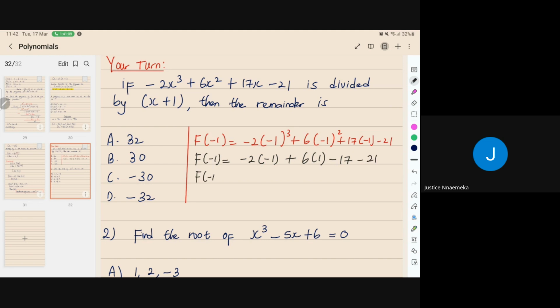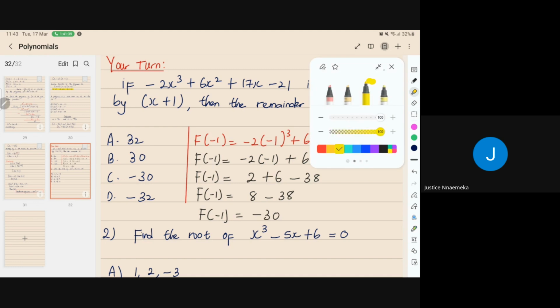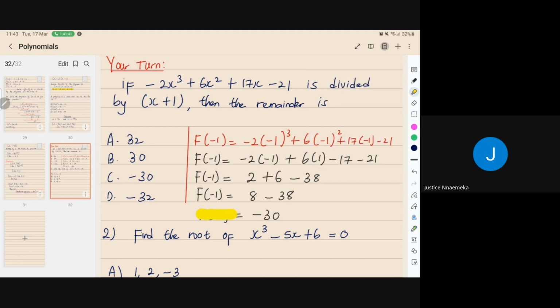So minus times minus is plus, this will give us 2 here, plus 6, then -17 minus 21 will give us minus 38, isn't it? So f(-1) is equal to 8 minus 38, so f(-1) is equal to -30. Have you seen your error? All right, so you can go ahead and solve number 2 then.